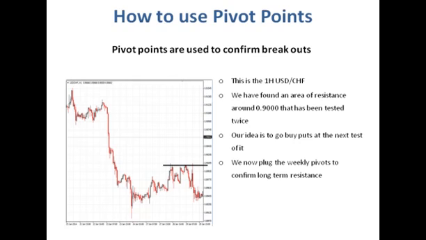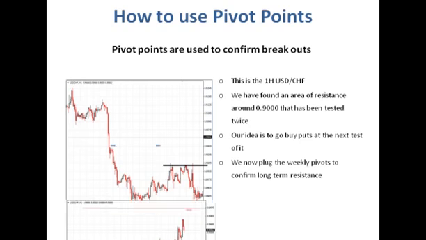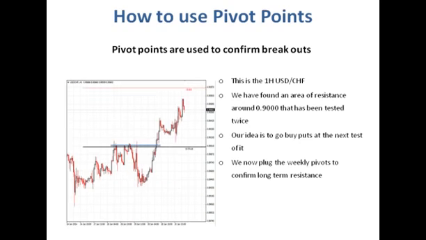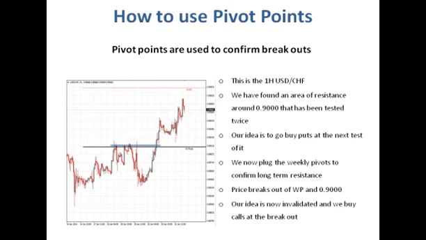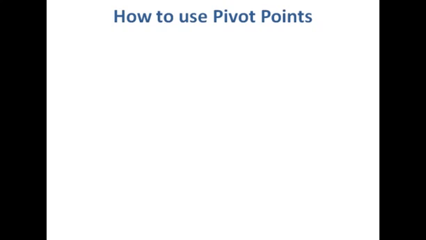We now plug in the weekly pivots to confirm long-term resistance. Here's the chart with the weekly pivots, and in blue the resistance area at 0.9000. Price breaks out of the weekly pivot and the 0.9000. Then our idea is now invalidated, and we buy calls at the breakout.